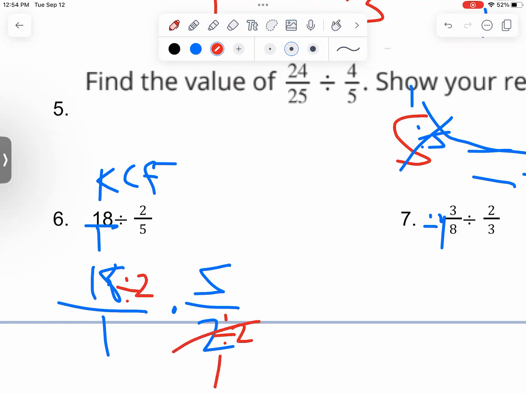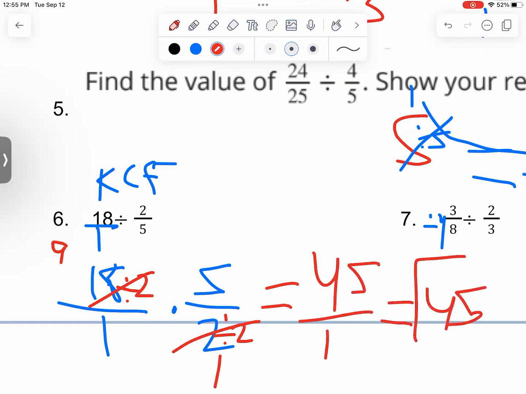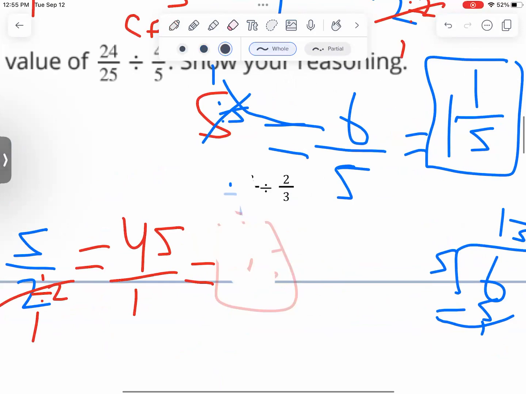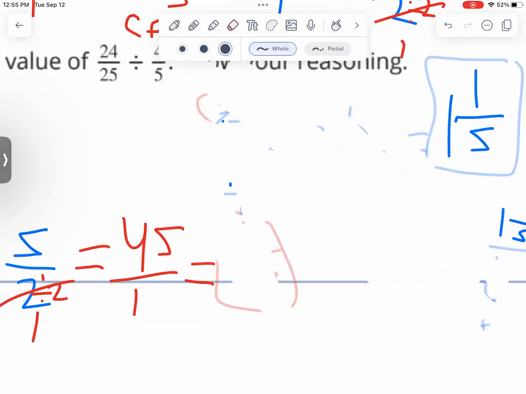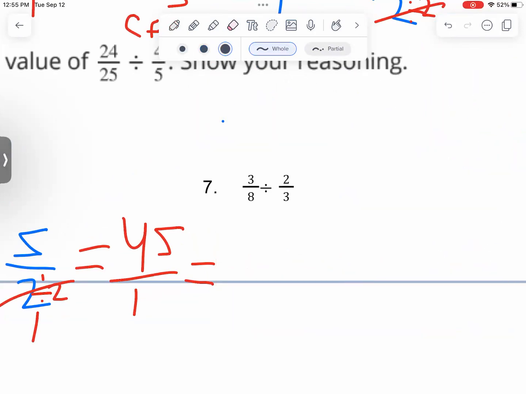Here we get 1, and here we get 9. So 9 times 5 is 45. And there we go, just 45. And remember that it does make sense that there's more parts there because we're taking a whole and dividing it into a fractional part. We did that earlier in our live lesson. If you need to see why that makes sense, look back at that.